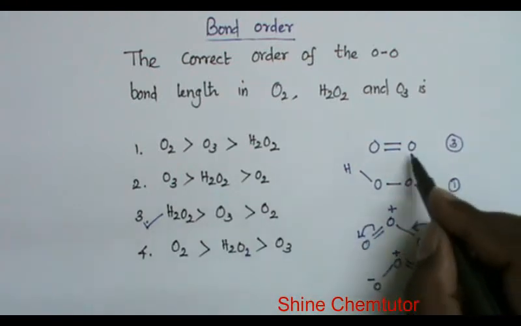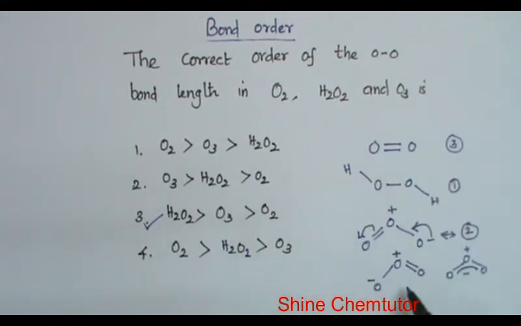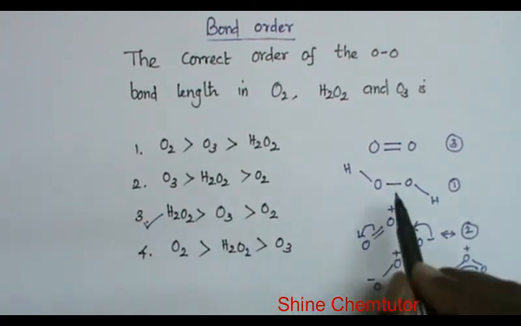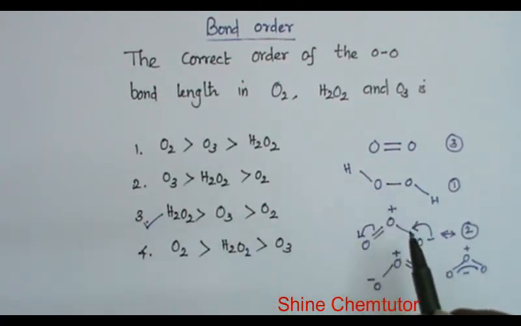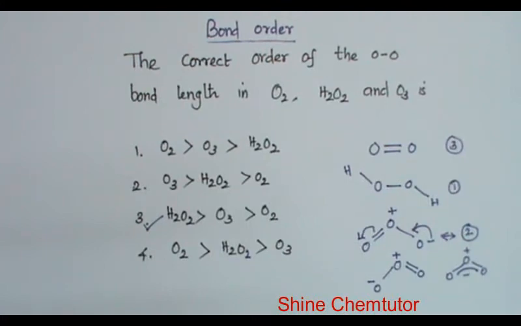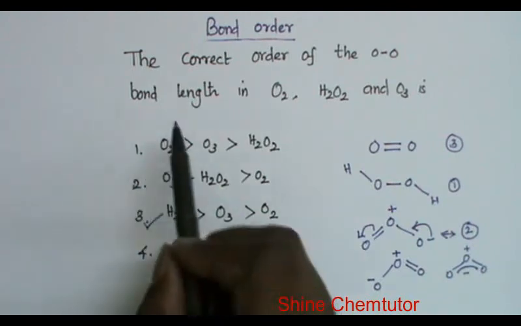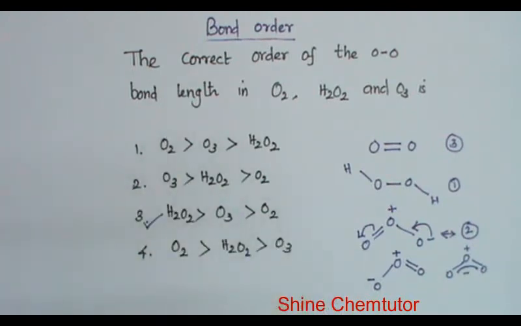So the bond strength will be more for oxygen than ozone, and finally H2O2. So the peroxide bond is very weak, it can undergo cleavage easily. On the other hand, oxygen is a very stable molecule. So instead of bond length, we can go for even bond strength.